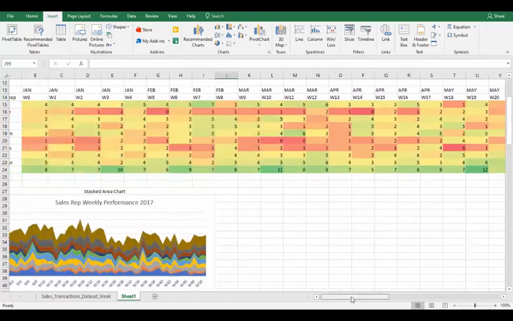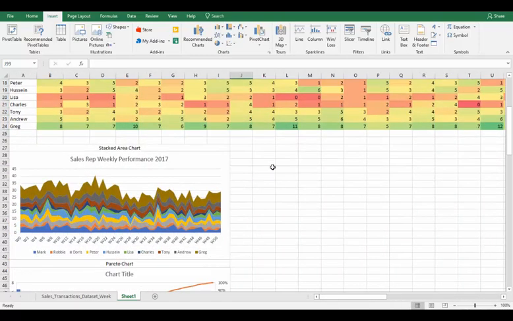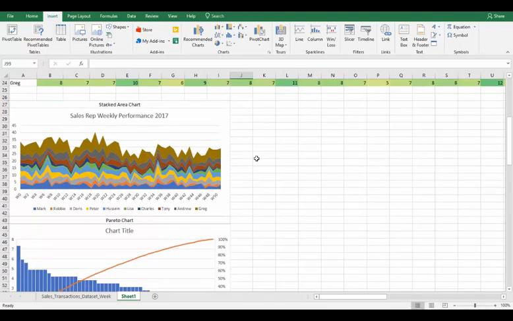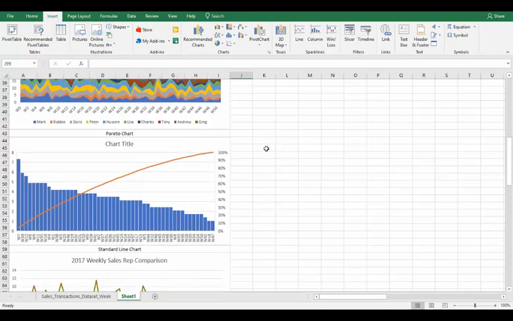But this is a great way to measure and quickly identify who's where every week of the year, and then you can quickly see down below where your problem areas are with your sales reps, and also with your sales as a whole. So if you have low areas like you have right here in the Pareto chart, you can identify those right here and go deal with them.